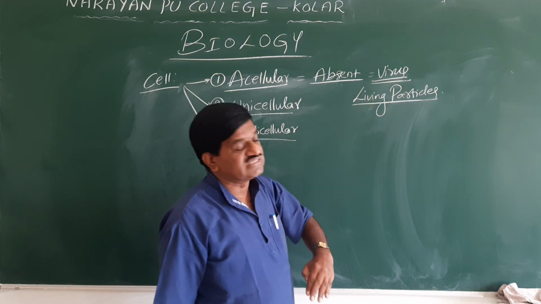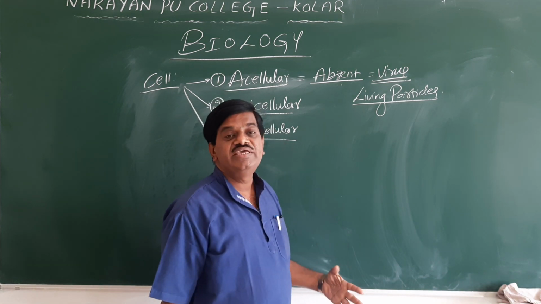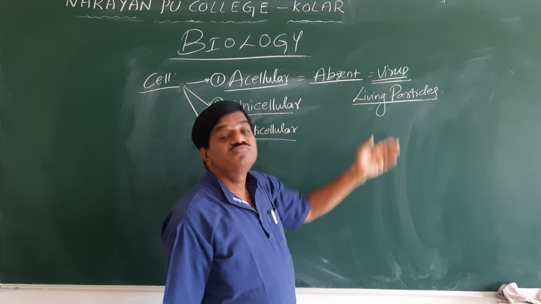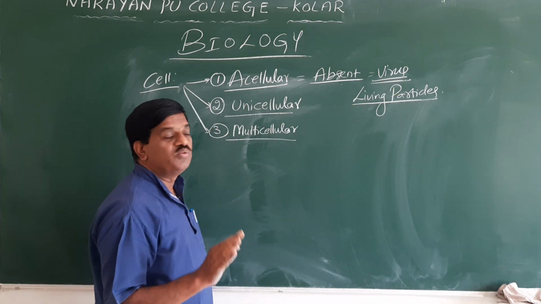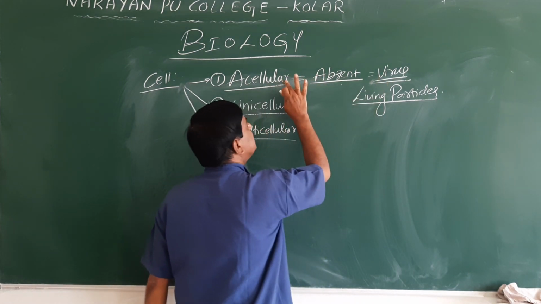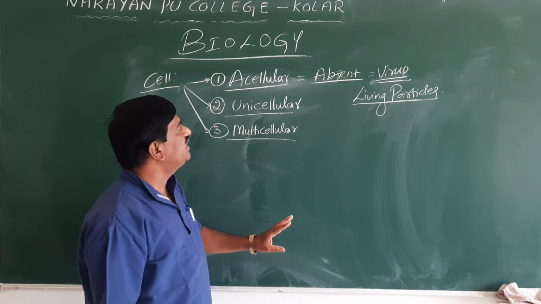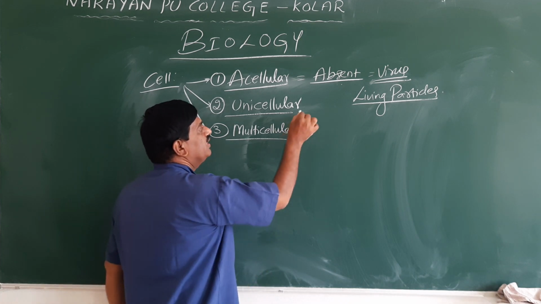Once this virus enters into a host cell, it starts multiplying, replicating and causes diseases. But outside the host, outside an organism, the virus is totally dead. So virus does not have a cell. That can be given as an example for acellular, but all the living organisms must and should have a cell.